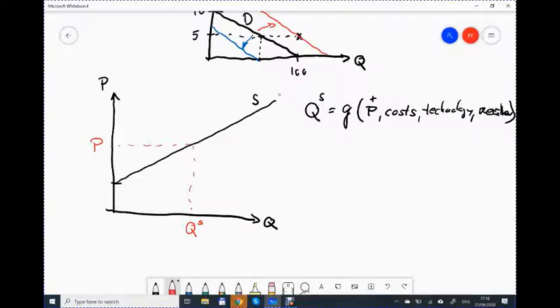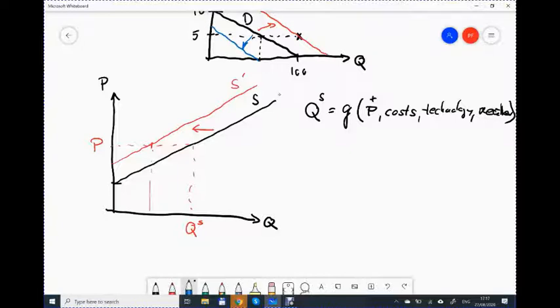For example, if half of the harvest is gone, and even at this price we can only supply half of the original quantity. So you can see that we are again along a different curve, and we experienced a negative supply shock, which resulted in a leftward shift of the supply curve.